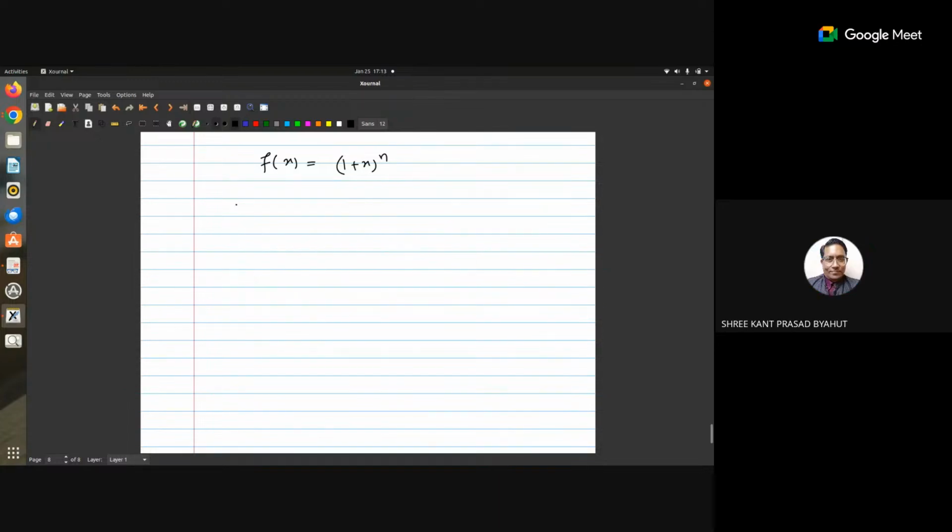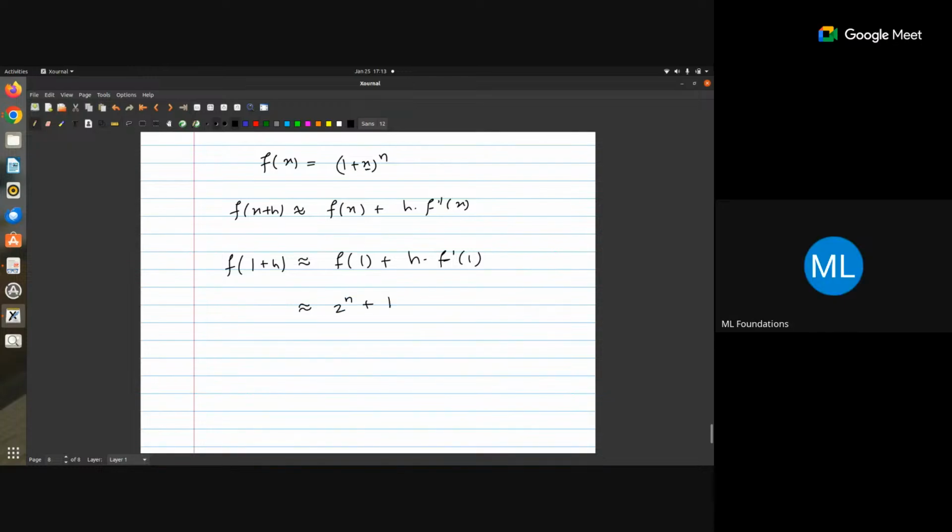So what should it be? Previously it was 0. So around 1 it will be f of 1 plus h equals f of 1 plus h into f dash of 1. What is f of 1? This is 2 to the power n plus h.